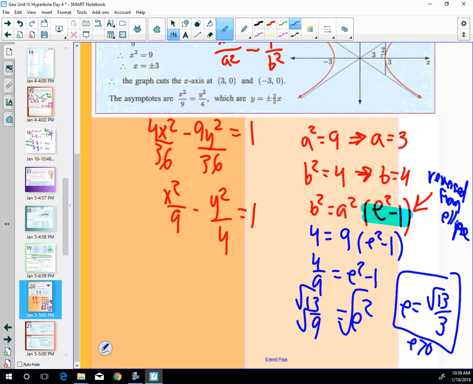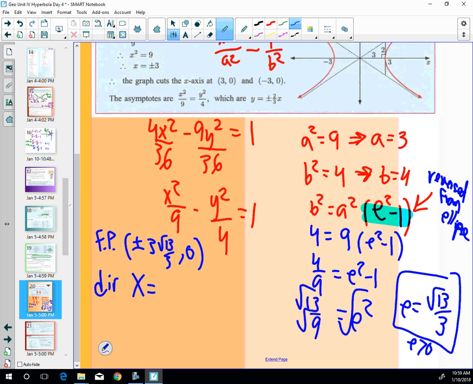Okay, so then everything else is the same. Focal points, you're going to have plus or minus a times e. So a is 3 times square root of 13 over 3, comma 0. Your directrix is going to be x equal to a over e.